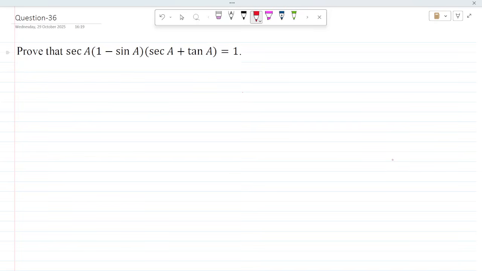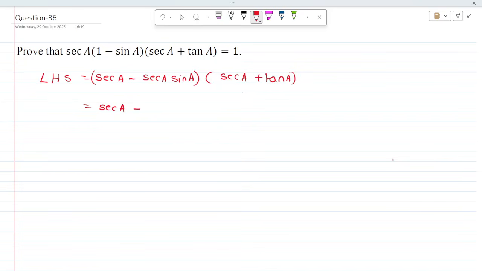So secant A into 1 minus sin A into secant A plus tan A. So let's see now. Take the LHS. What is your LHS? Secant A is there. Take it inside. What will it become? Secant A minus secant A into sin A. Agree? The other term, secant A plus tan A. Agree or not? Observe properly.